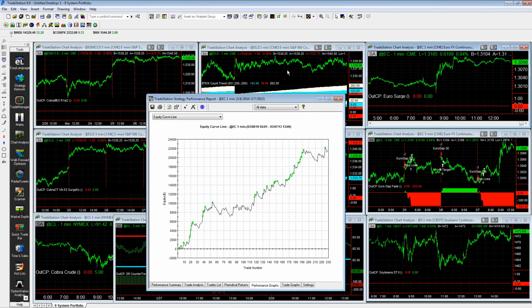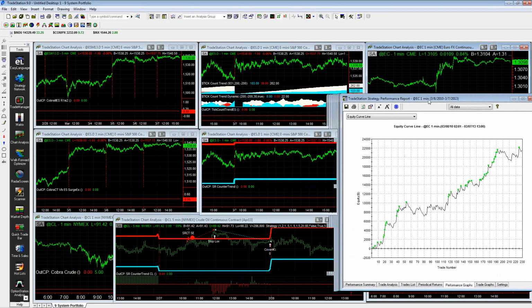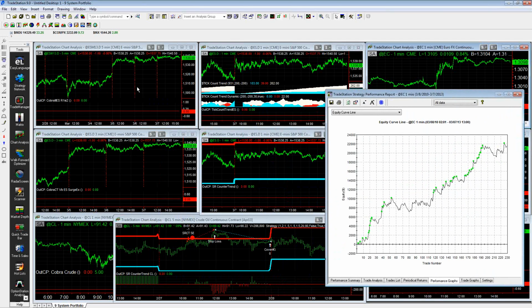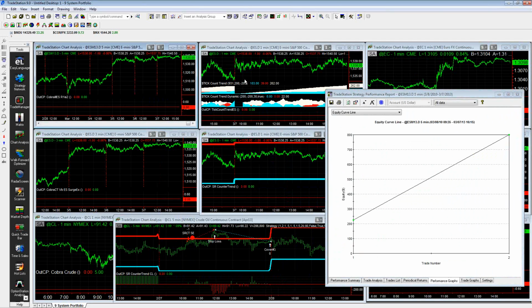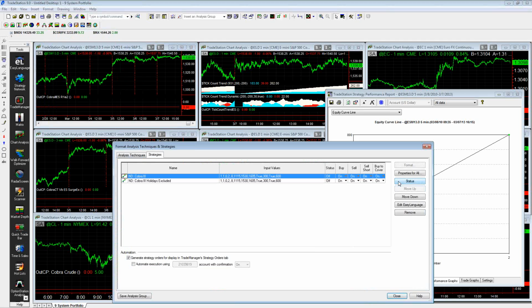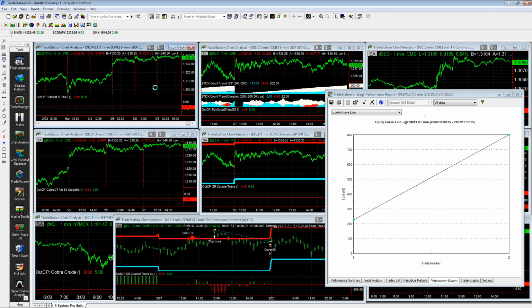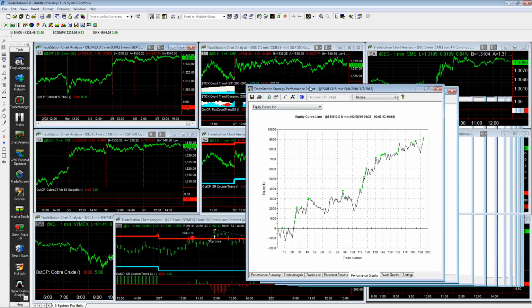Now here's where it gets tricky. Let's take a look at our 4 E-mini S&P systems. That's a good question, Don, because I think about this all the time, and it's part of the money management algorithms. That history disappeared on us. Sometimes when you reload the data, like when I changed the symbol and it reloaded the data, you have to turn the status back off and back on to get the data up.